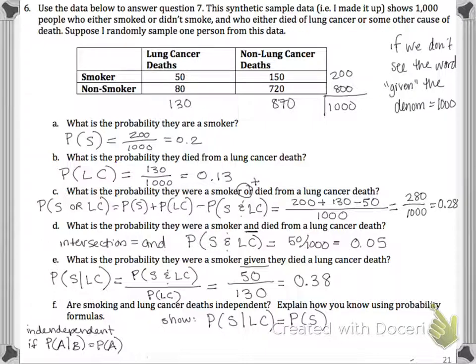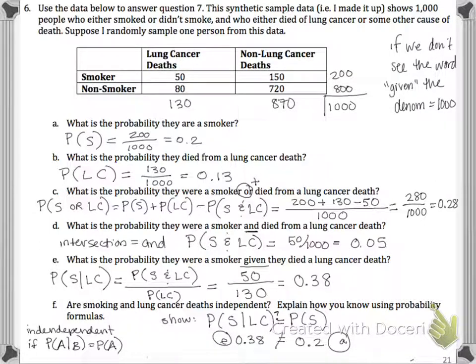Now, the probability that someone was a smoker was part A. So on this side, this is 0.2. And remember, this is like a question, right? We're asking ourselves if these two things are equal. Part A was 0.2, the probability they are a smoker. And we found smoker given lung cancer death, that was part E, and that was 0.38.